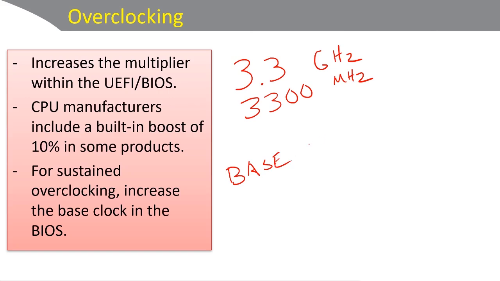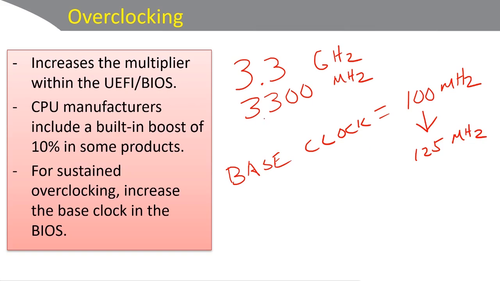By default, the base clock speed is 100 megahertz. If we were to take that base clock within the motherboard and increase it to, say, 125 megahertz, then this speed would get increased to 4000 megahertz.